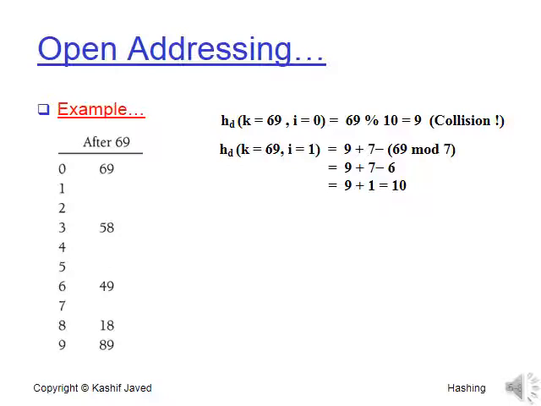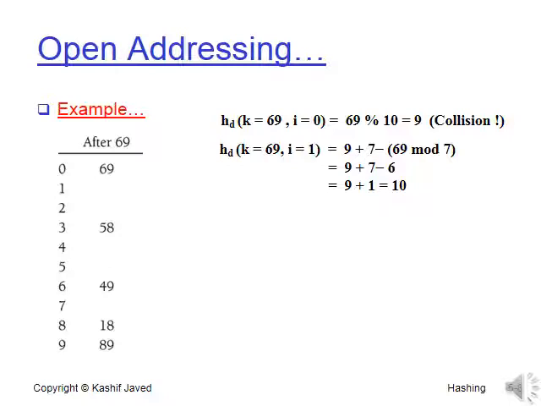But bin 9 is already occupied by number 89, which causes a collision. We further increment the double hashing function variable i to 1 and compute the hash value, which equals 10.